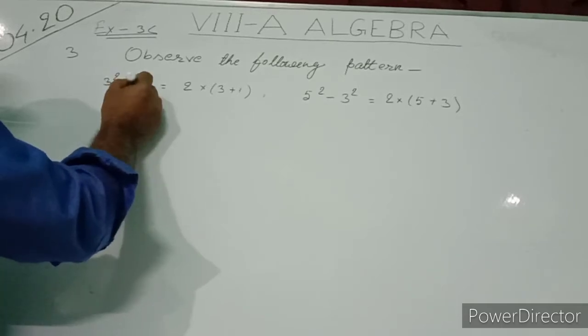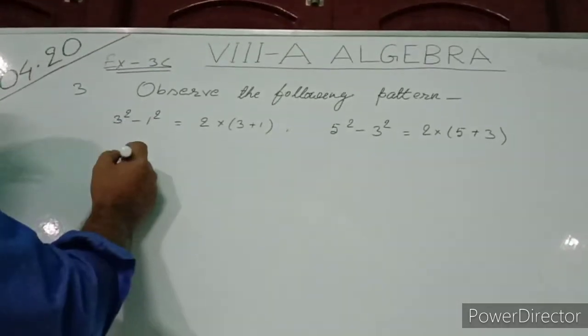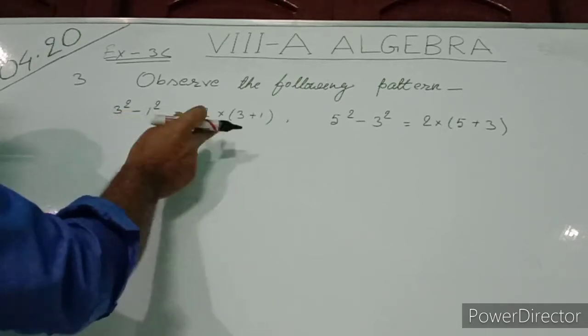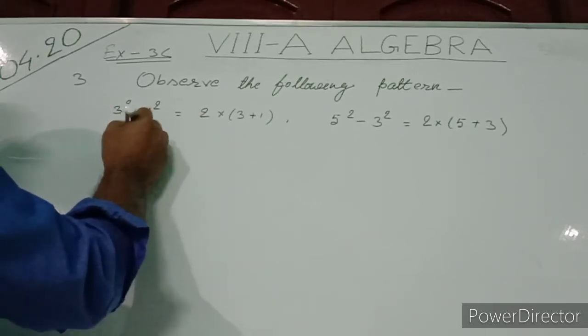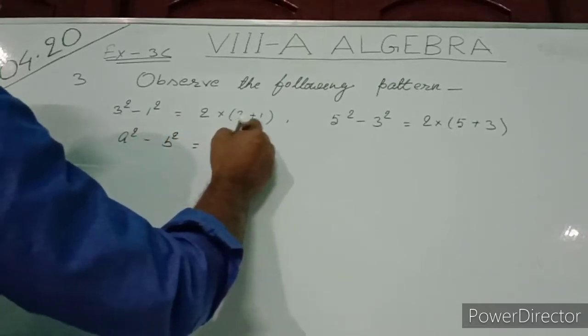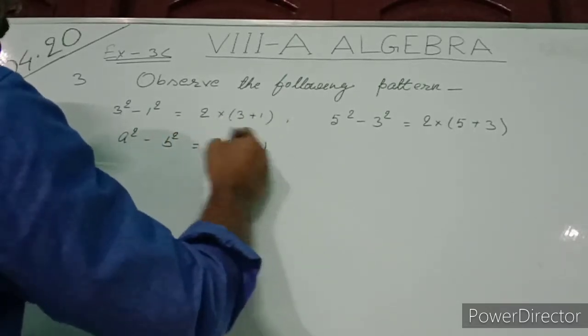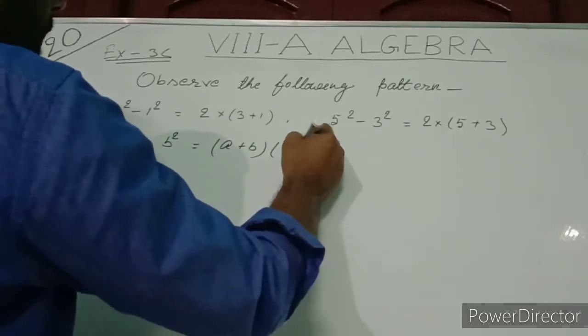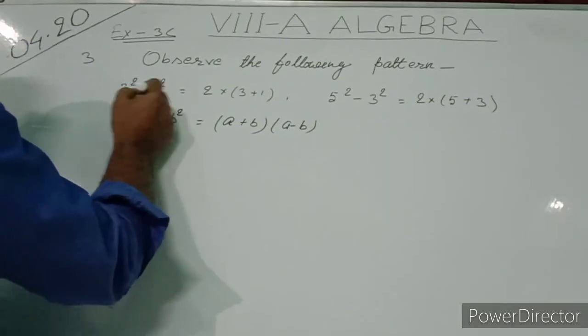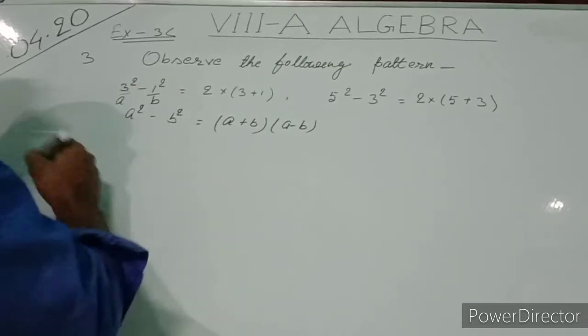This is in the form of a square minus b square. 3 square minus 1 square is in the form of a square minus b square. And we know the formula a plus b into a minus b. Here in place of a we have 3 and in place of b we have 1.